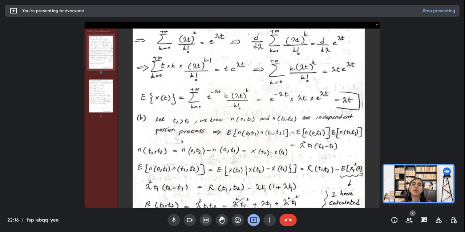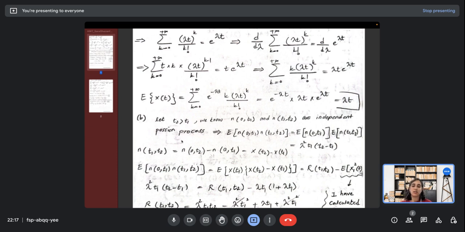So the expected value of the first one times the second one is equal to the expected value of the first one times the expected value of the second one. That's a great property, so we will use this. And from the previous part, we know that the expected value for N in the time range of 0 to t1 is lambda times t1, and for the second one it is lambda times (t2 minus t1). By doing this multiplication, we'll get to the answer.